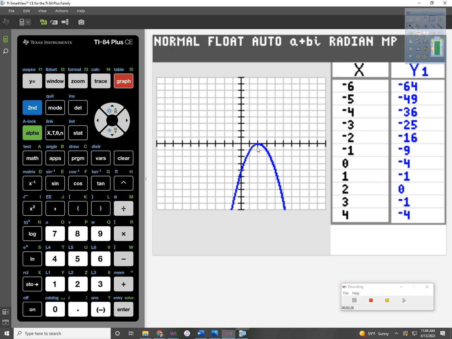That way, when I go to my graph, I have a table that's filled in. Obviously, right here at 2, 0, that's going to be my vertex. Then I just need a couple of points on either side. So I'm going to go with 1, negative 1, and 0, negative 4.